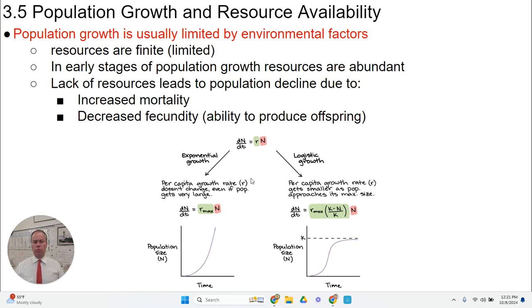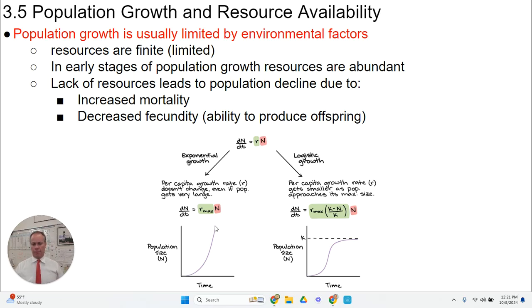That's just a characteristic of all populations. All populations have an intrinsic growth rate. We label it r. And so if we only take into account that maximum reproductive rate multiplied by the population size, the graph of that type of growth, we call that exponential growth, increases exponentially over time.